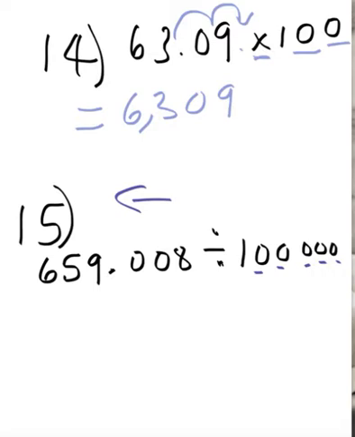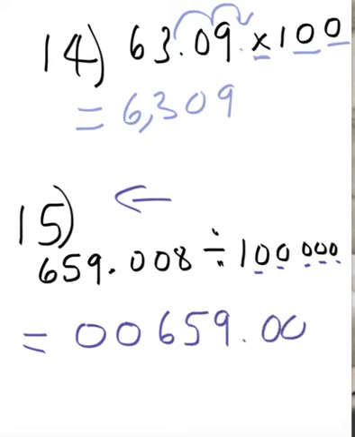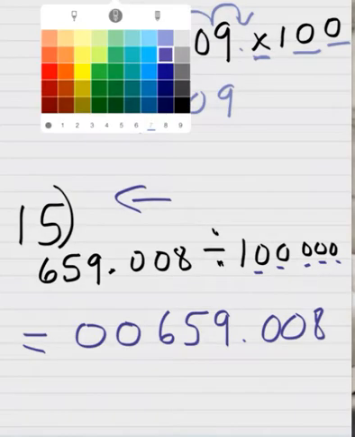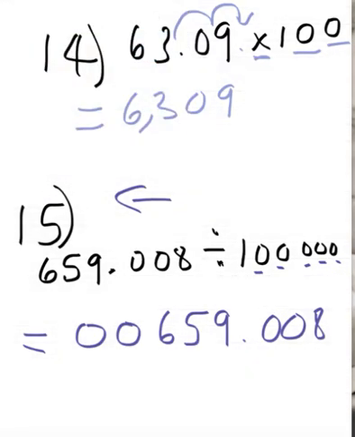Because I can see I haven't got enough digits to move the decimal, I will have some empty spaces. If you get confused doing it that way, what I'm going to do is add some zeros first. So I might put 2 more zeros there. So 6, 5, 9. There's the decimal point and 008. So now I'll move the decimal 5 times.